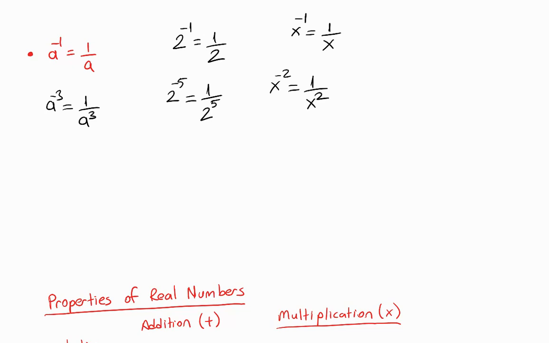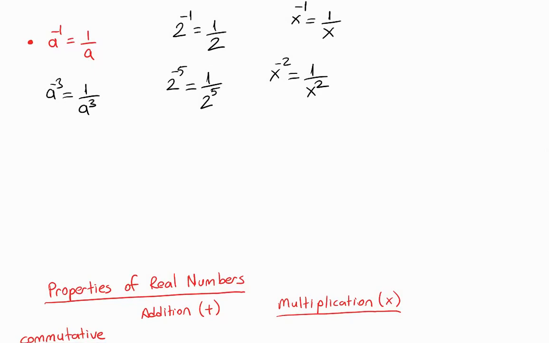And we can use this property in a different style, like let's say a over b, a fraction to the negative power. So we should say b over a. We are switching the places of the numerator and denominator, to the positive power.